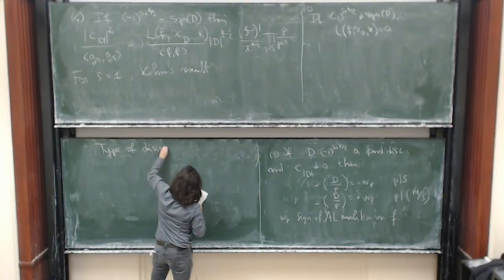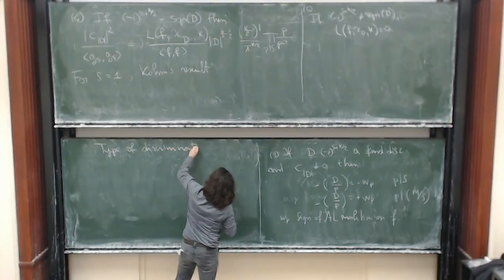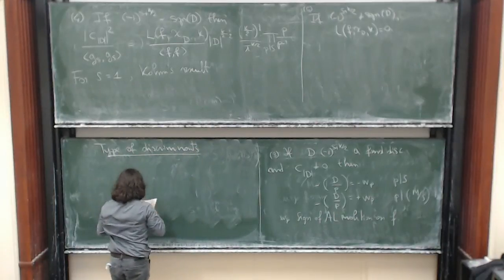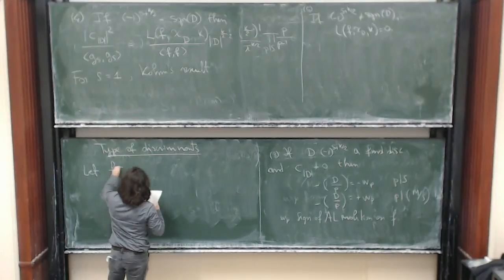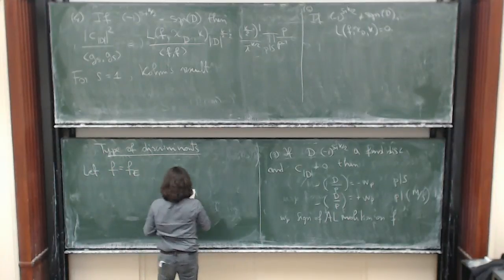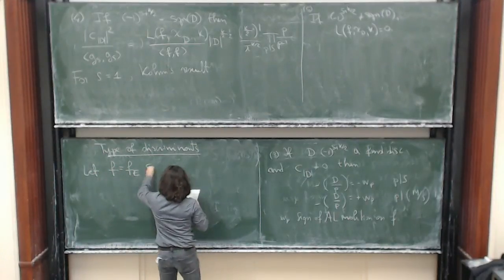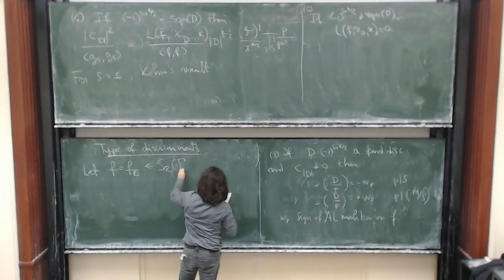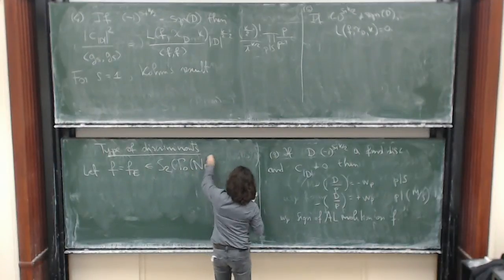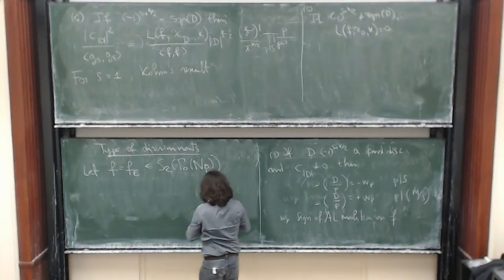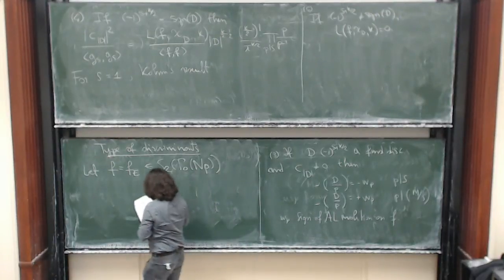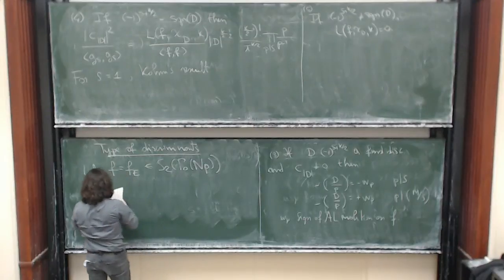Fundamental discriminants of quadratic fields. So for this, let F be the modular form associated to my initial elliptic curve. So this is in gamma 0 NP. So this NP will be my M of the above result.